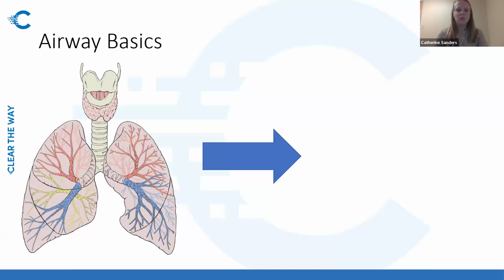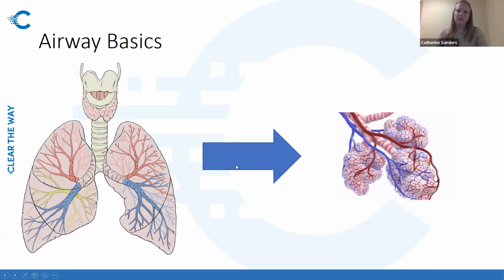It then branches into the left and right side, and branches into smaller and smaller airways, or bronchi, into what we call bronchioles, or very small airways, until it reaches these little air sacs that comprise the lung. These are called alveoli. This is where what we call gas exchange happens. That means bringing oxygen into the bloodstream and getting rid of carbon dioxide from the bloodstream.